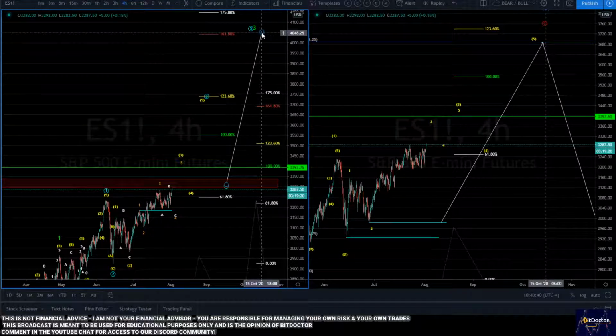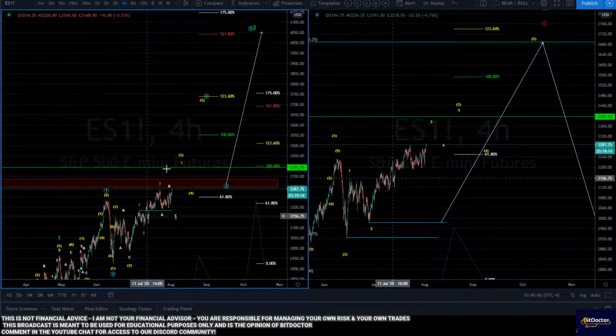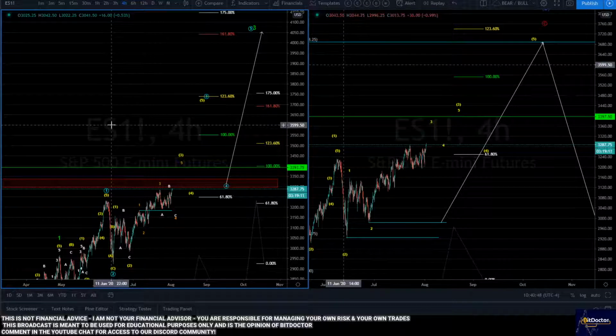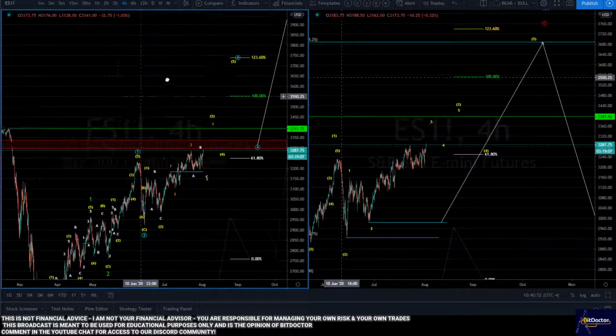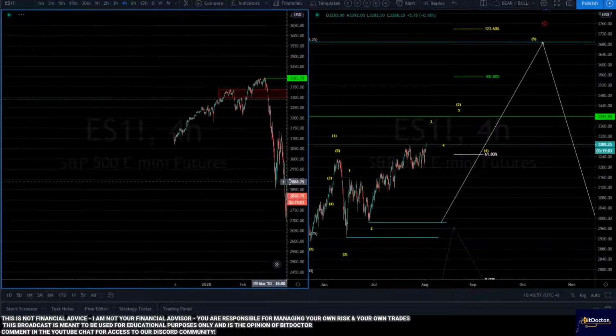I think that the technical aspects of the chart can support it, but man, it would take a lot to get up there. Now, the other part to this is also taking a look back here.